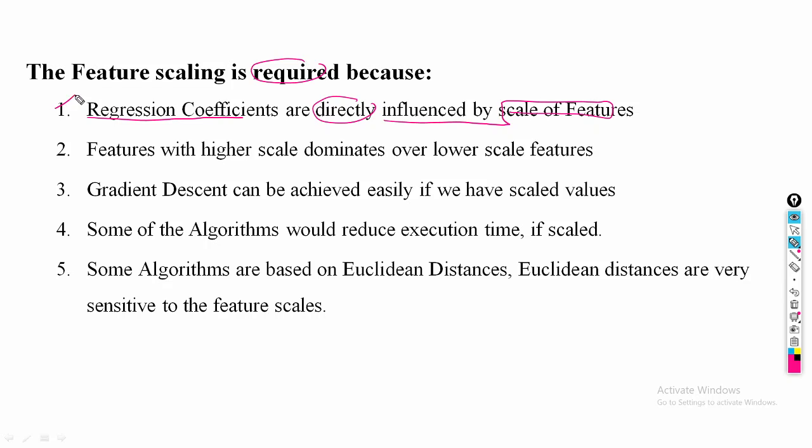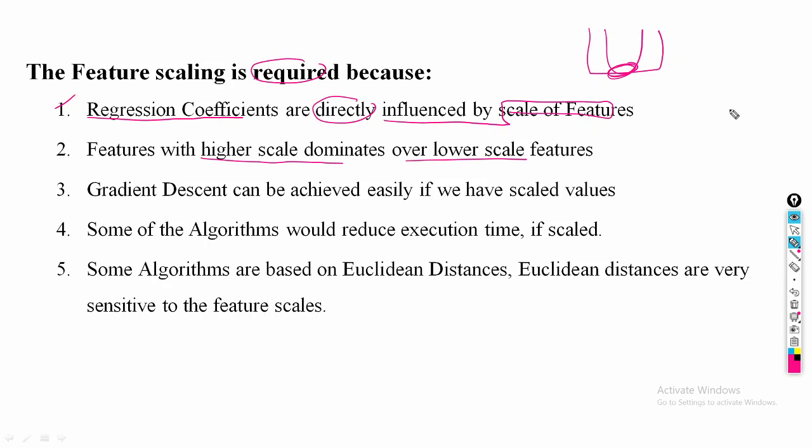This is the point we already discussed. In gradient descent, if you apply feature scaling to the regression coefficients, it will take less time to find the global minima and give results very fast. Features with a higher scale dominate lower scale features.